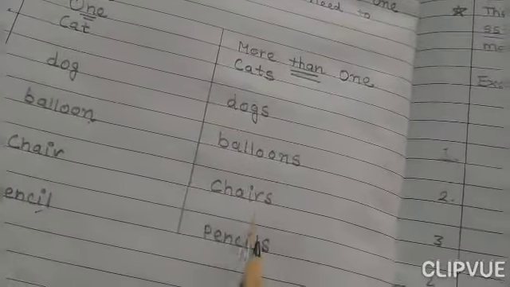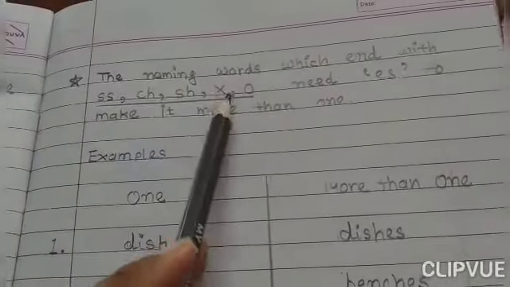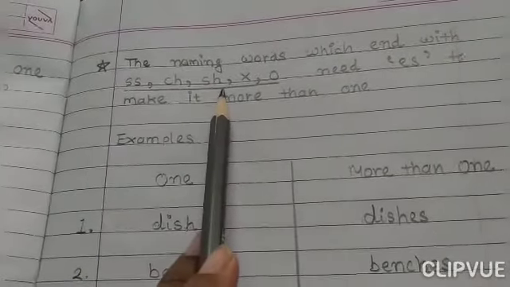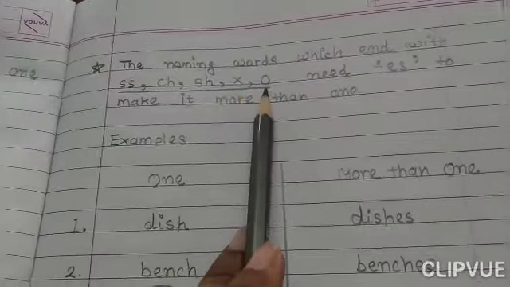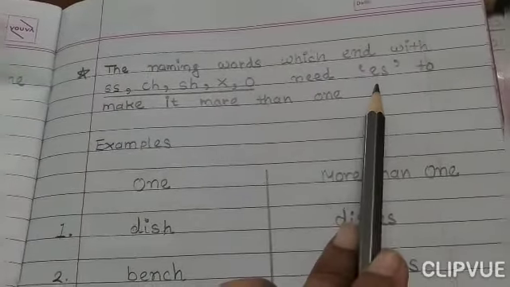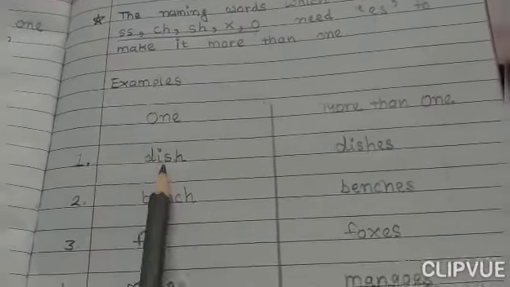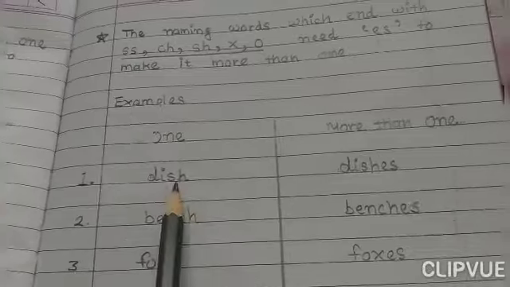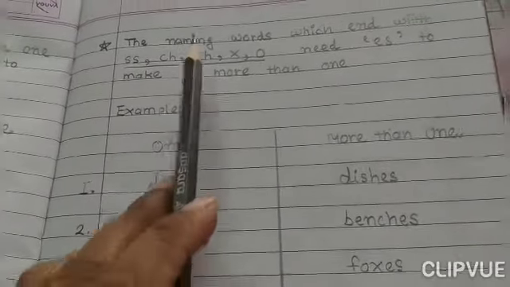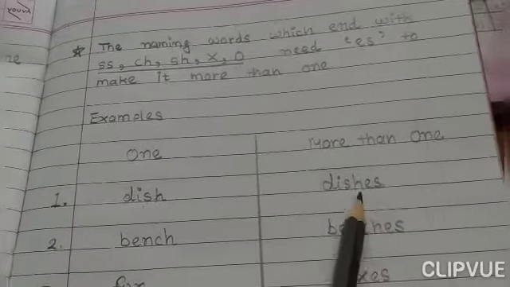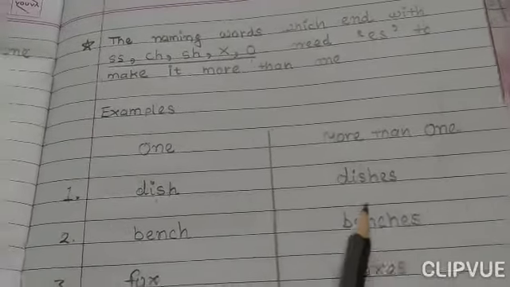Now children, earlier we had added only S. But here it says that if the naming word ends with double S, CH, SH, X or O, you have to add not only S but ES. So see. Dish. It is ending with SH. So it becomes dishes. Here we have added ES.